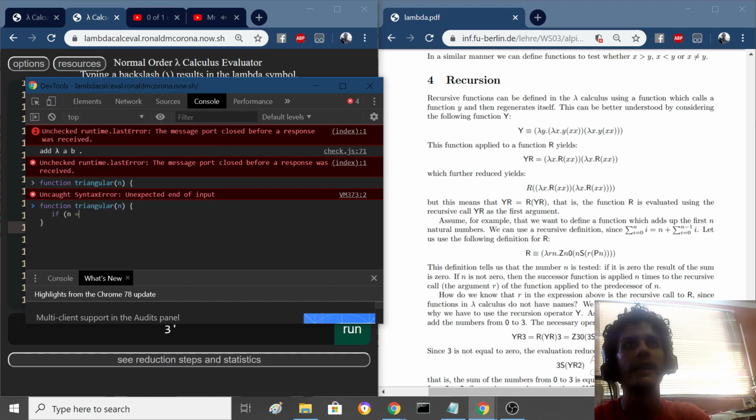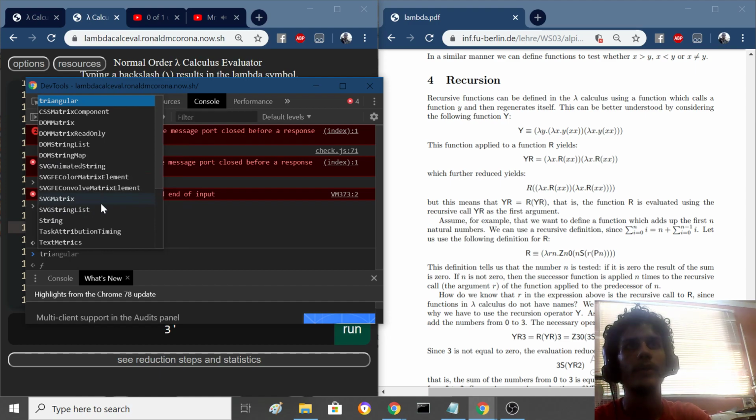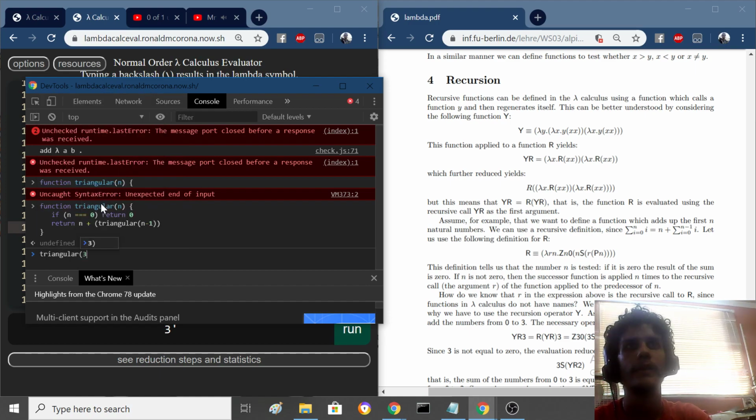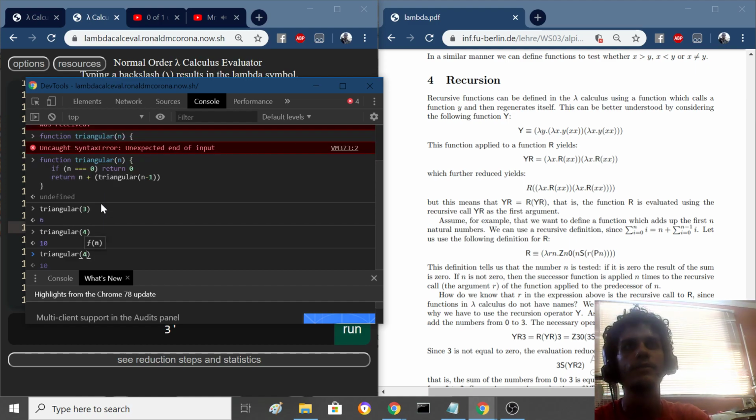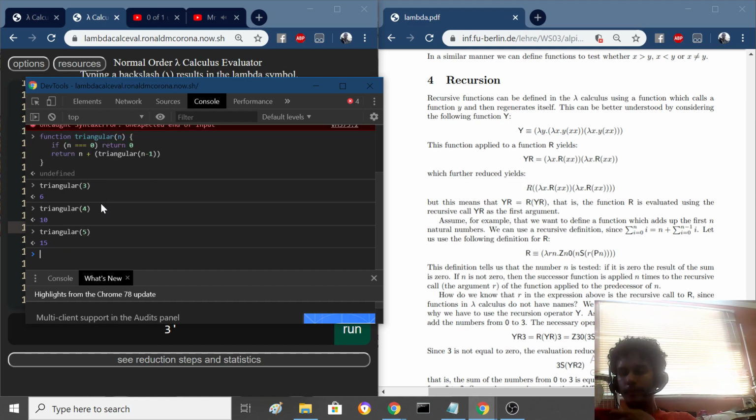If n equals 0, then we return 0. If not, we return n plus triangular of n minus 1. So triangular number 3 should be 6, and then the fourth one should be 10, the next one should be 15, etc.